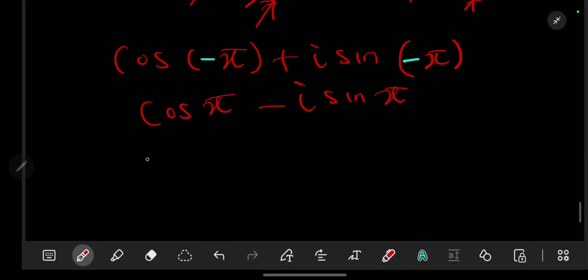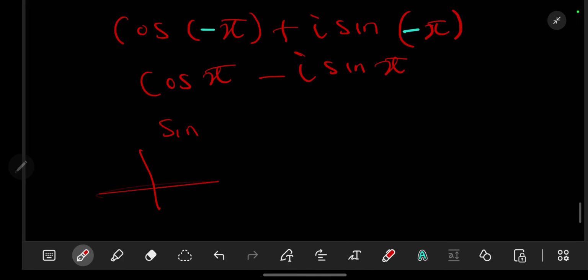Now remember the values of the sine of pi and the cosine of pi. If you're looking at the graph of sine, think of sine as starting at 0, going up, and coming down.